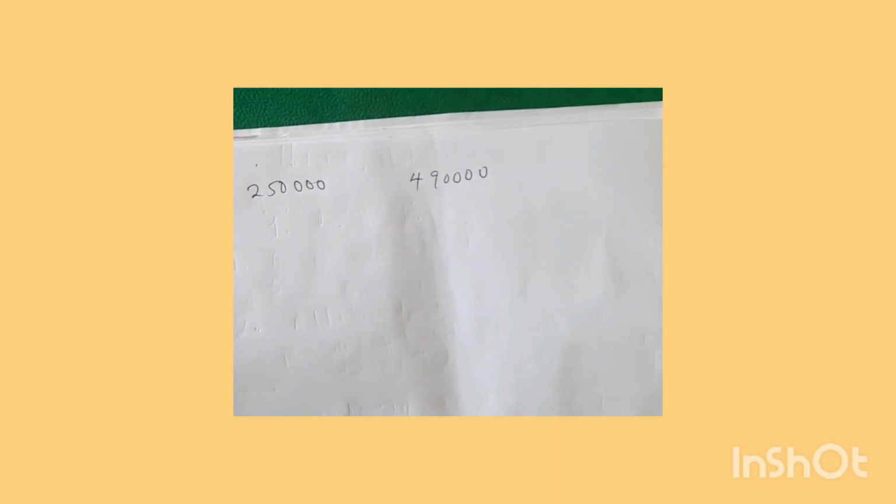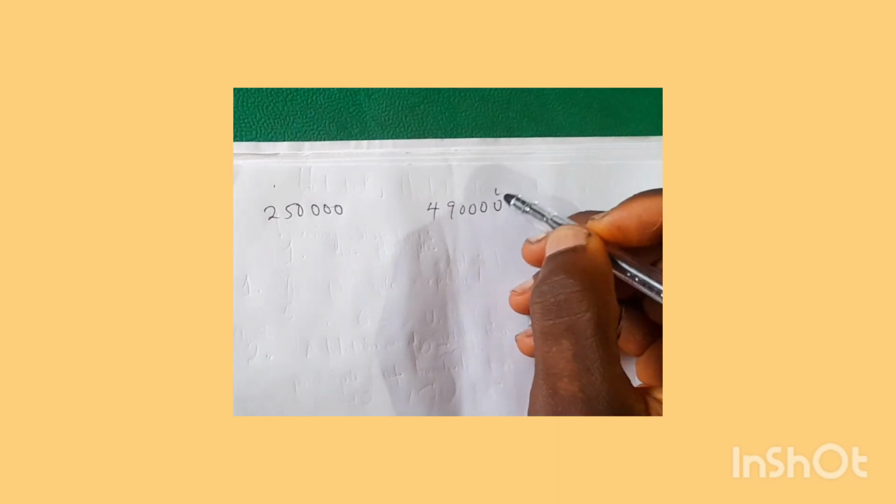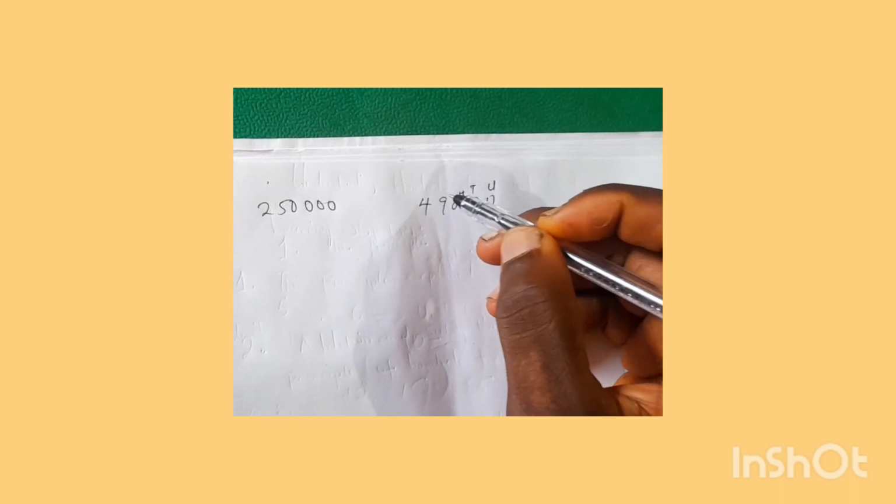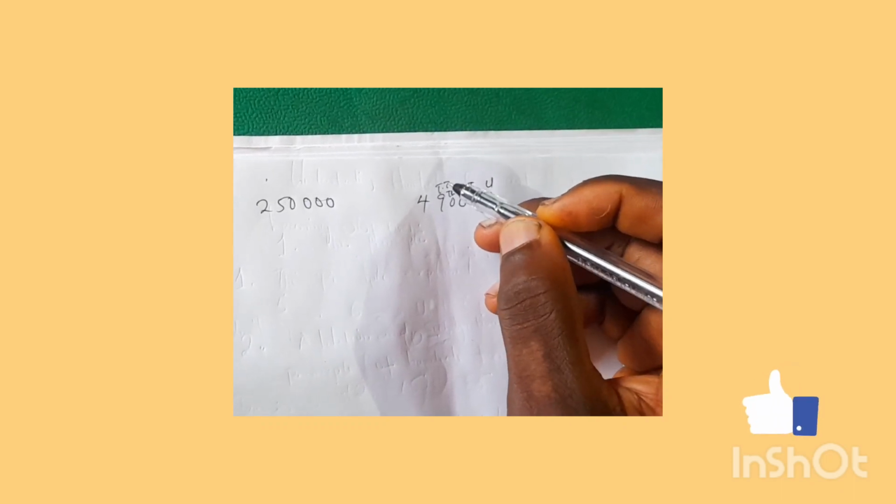These are numbers in the 100,000s. For example, this is unit, tens, hundreds, 1,000, 10,000, 100,000. You see, so these are numbers with 6 digits.